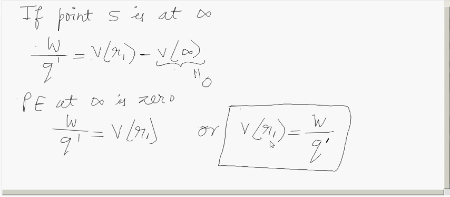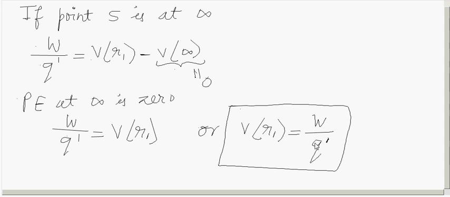The electric potential at any point is the work done in bringing a unit positive charge from infinity to that point. So if Q dash is equal to 1, then V of R1 will become equal to W. So it is the work done in bringing a unit positive charge from infinity to that point against the electrostatic forces without any acceleration.